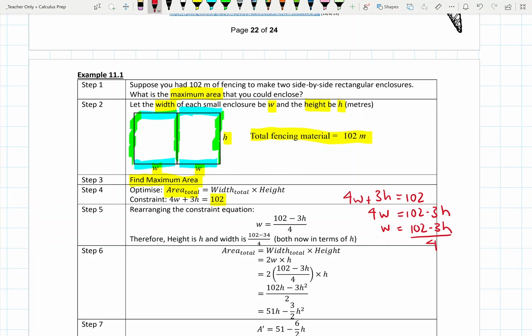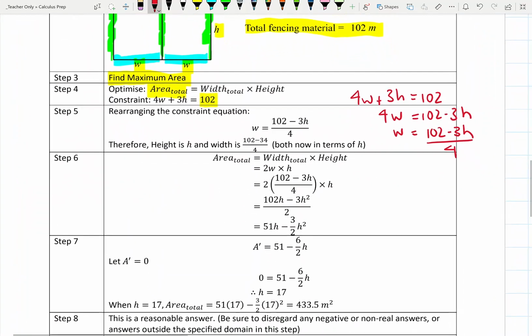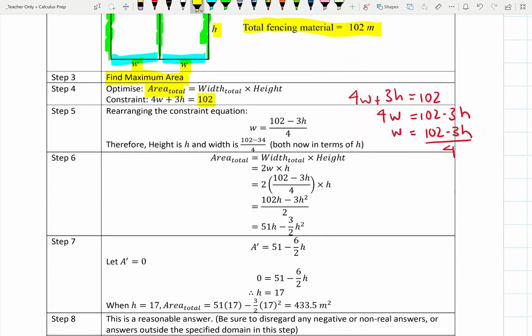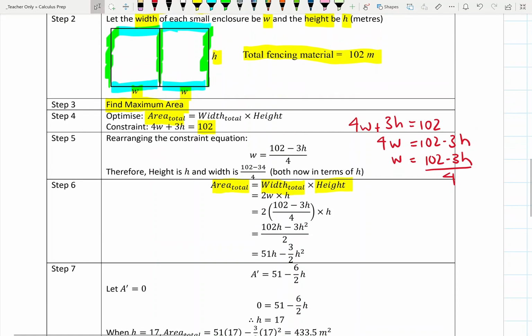So now we go to number 6, which is to apply the rule, and specifically the equation that we're trying to optimize. So start with the super mega basic rule. The total area is the total width times the height. The total width, and we can see this very clearly from our diagram, is actually 2w, what we've designated to be w, and our height is h. We know what w is.